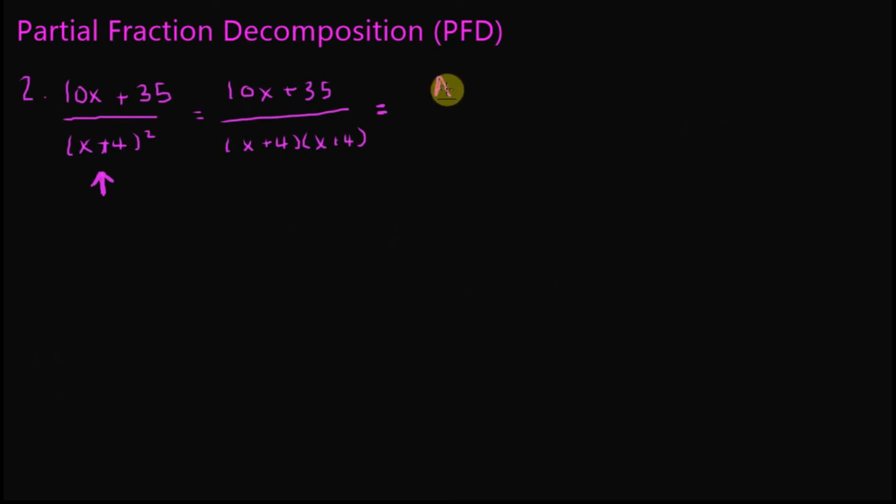Here the appropriate form is going to be a over x plus 4 plus b over x plus 4 squared. In fact, this works regardless of the exponent in the denominator.